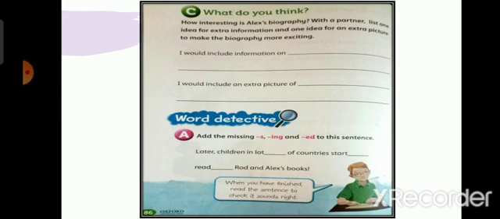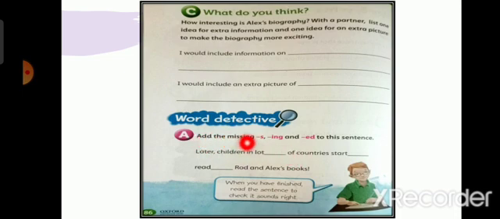It is word detective. Here you have to complete the blanks by adding s, ing, and ed. Okay? Read the statement. Later, children in lot dash of countries start dash read dash Rod and Alex's books.